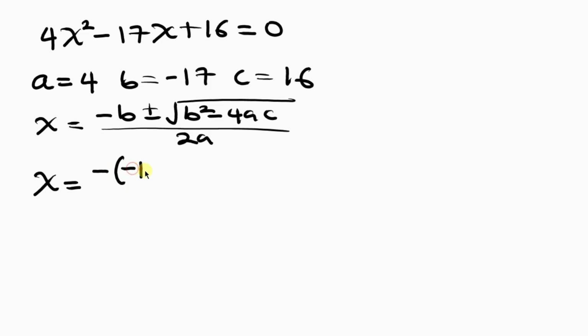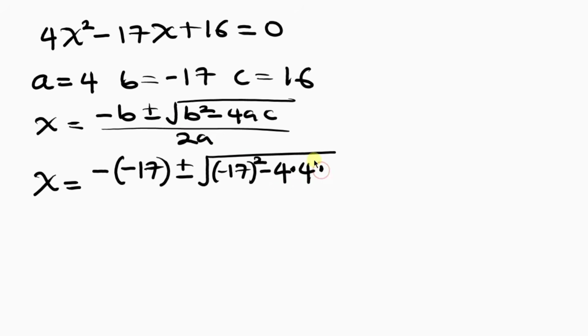So I'm going to be putting negative 17 here, plus or minus the square root of b squared. So that would be negative 17 squared minus 4 times a times c. What is a? a is 4, times c. c is 16. Very good. All over 2 times a. So that would be 2 times 4.